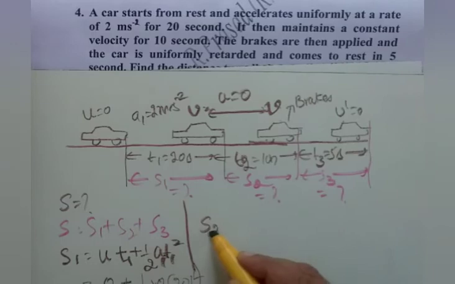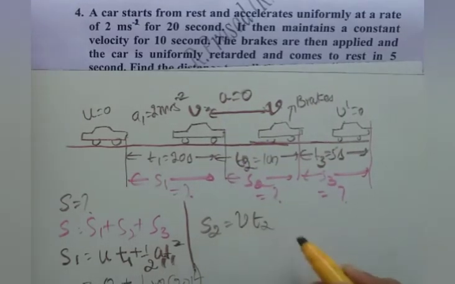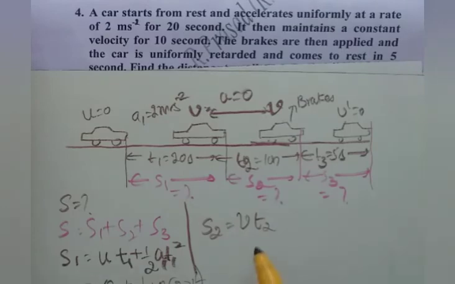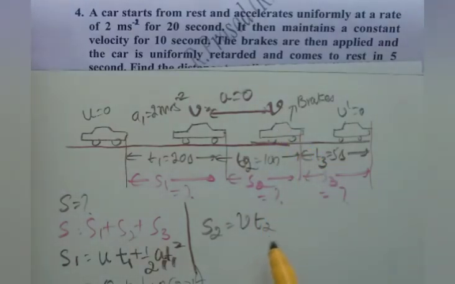S2 equals V into T2, because A is 0. For this journey, V is the starting velocity and the ending velocity is also V. Instead of the initial velocity U in that formula, we write V only, because when the S2 journey starts, its velocity is V and it ends also at V. Therefore VT2.